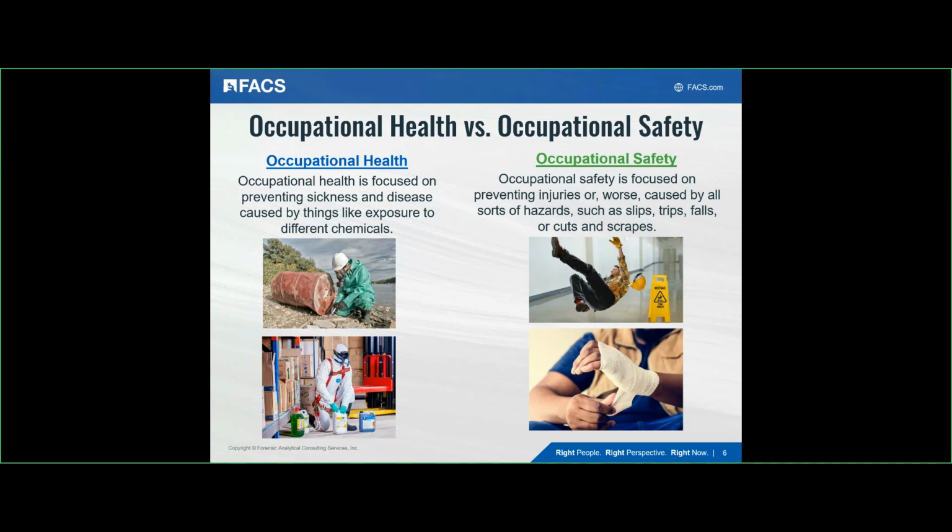With safety, it's not uncommon to be able to see the hazard. Maybe it's moving machinery or trip hazards or working at heights. However, with occupational health, it's often difficult to see what's in the air that you're breathing.